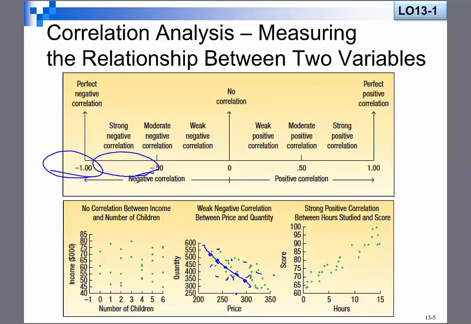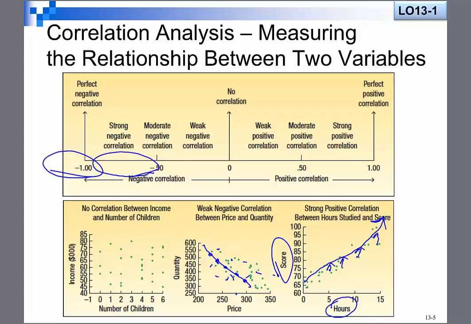Strong positive correlation between hours studied and score. So we see here hours studied, and here score. As you increase your hours studied, there's a strong positive relationship. And we say it's stronger than price and quantity because the dots are closer to the straight line.